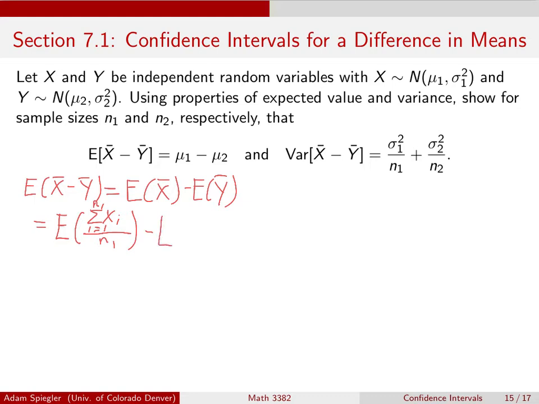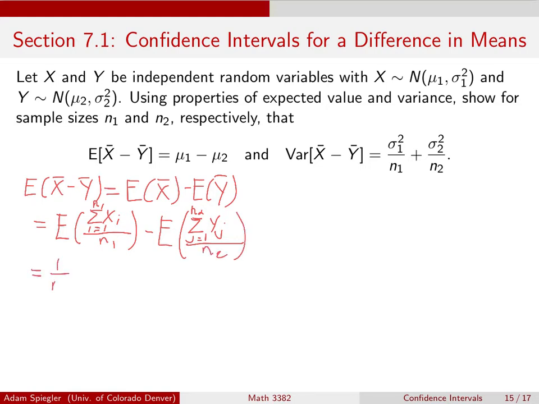And the expected value for y bar would similarly be the sum of all the yj's for j going from 1 up to n2, and we're going to divide all of that by n2.